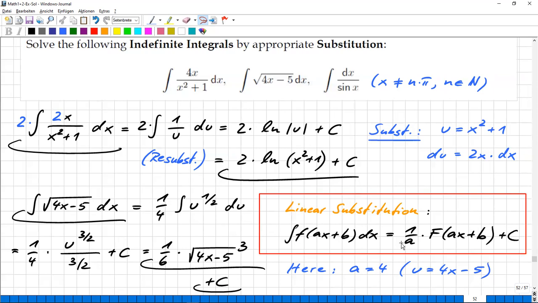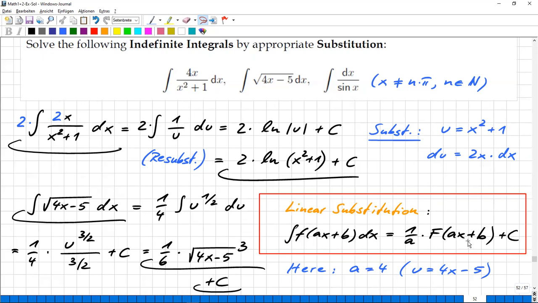I give you a short little proof. You know that it's always enough to perform a little test by differentiating the result. If the derivative of this term equals the integrand, everything's fine. Now, the derivative of capital F with respect to x, of course, will be lowercase f. That's clear, by keeping this inner expression ax plus b.